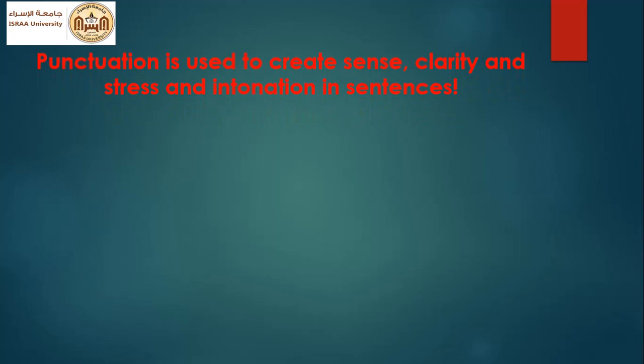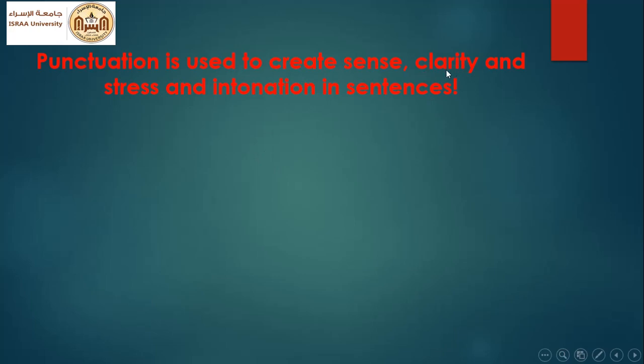Punctuation is used to create sense, clarity, and stress and intonation in your sentences. What do we mean by creating sense? Creating sense means adding meaning to your sentences. For example, if you add an exclamation mark to the end of your sentence, this expresses surprise. If you add a question mark at the end of your sentence, that means you are questioning, you are asking questions.